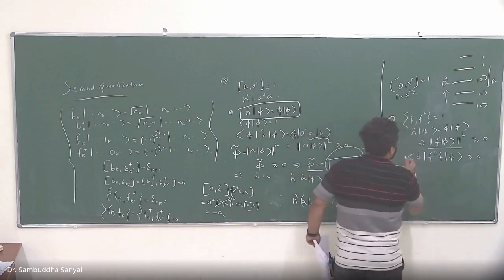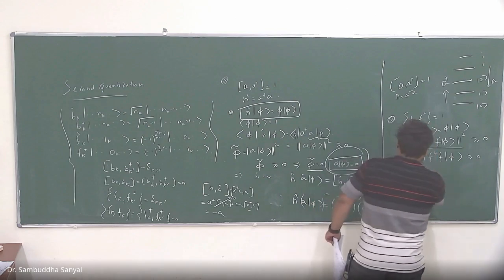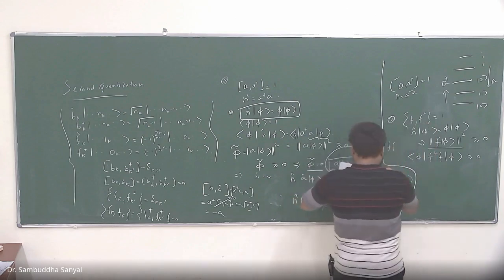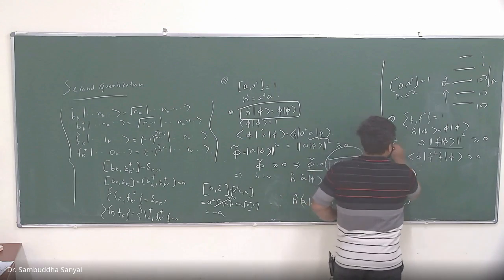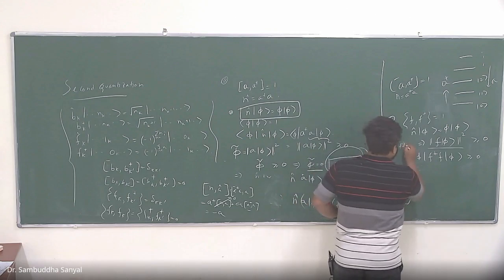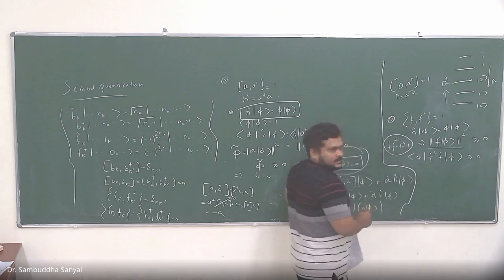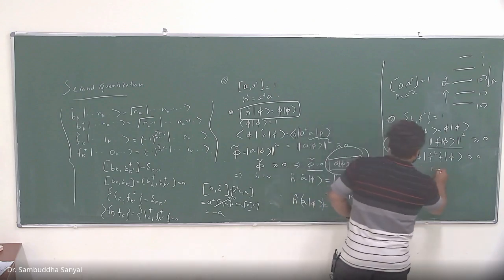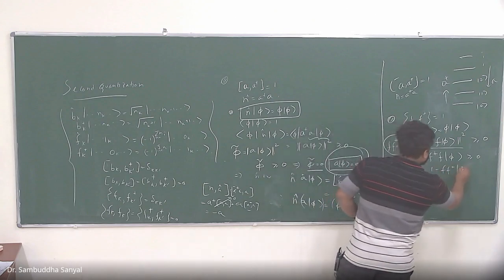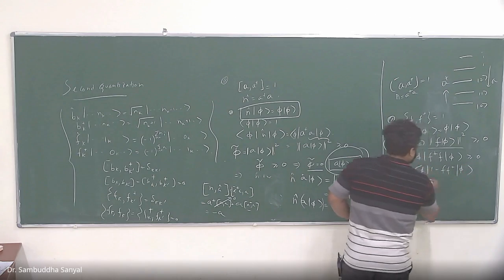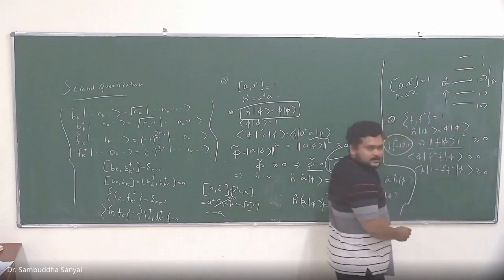we know that this thing implies that f dagger plus f dagger f is equal to 1. Okay. So this thing is 1 minus f dagger, right?